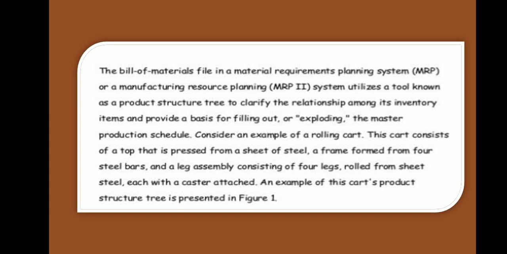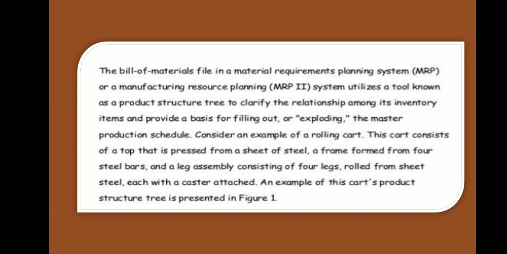The bill of material file in a material requirement planning system or a manufacturing resource planning system utilizes a tool known as a product structure tree to clarify the relationship among its inventory items and provide a basis for filling out or exploring the master production schedule.